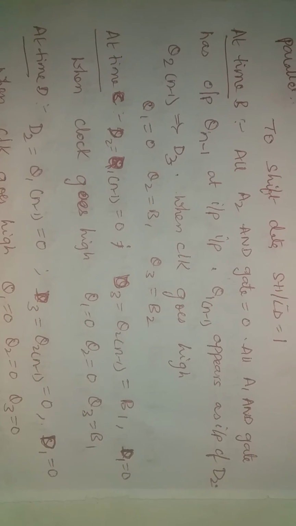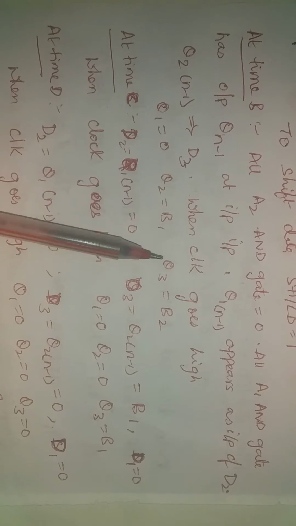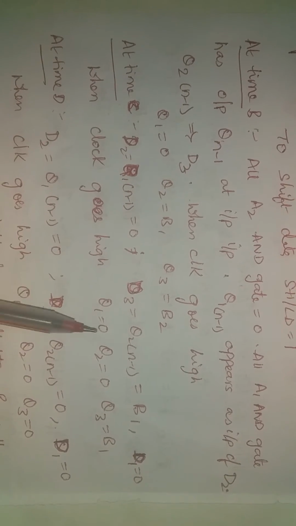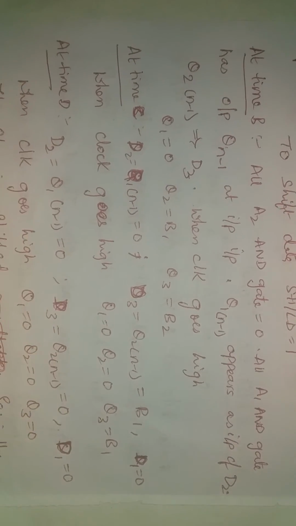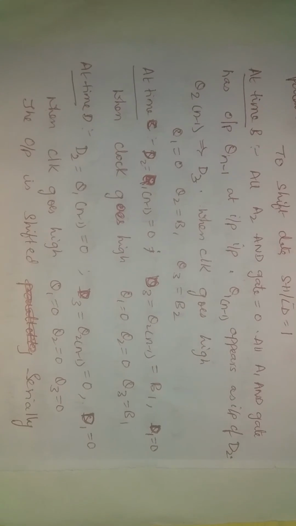To shift data serially, what happens? We have to make the control line high. At time instant B, Q1 is 0, Q2 is B1, Q3 is B2. At time instant C, Q1 is 0, Q2 is 0, Q3 is B1. And at time instant D, Q1 is 0, Q2 is 0 and Q3 is 0. So we have seen that the output is shifted serially.